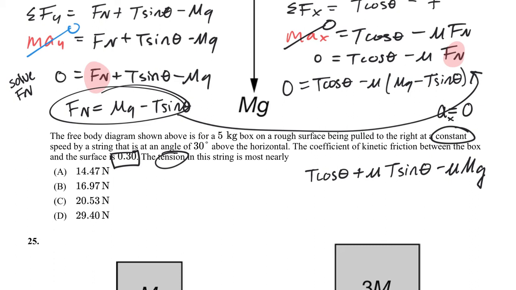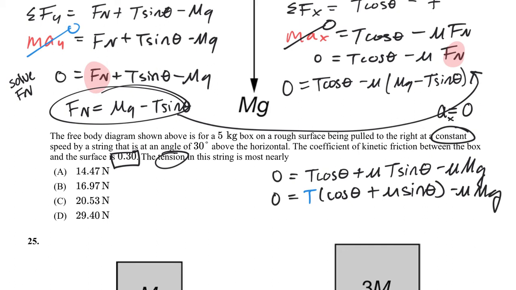Then we're going to factor out that T. If I factor out that T, I get T by itself: T times cosine theta plus mu sine theta, minus mu mg.